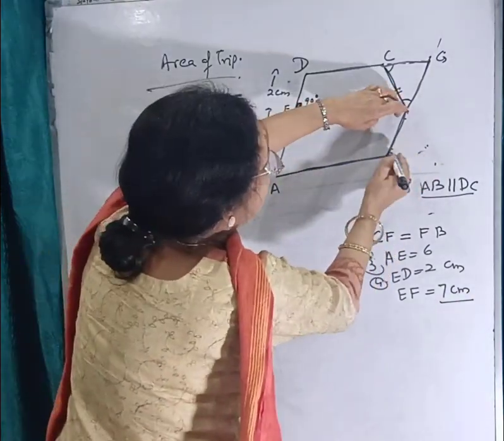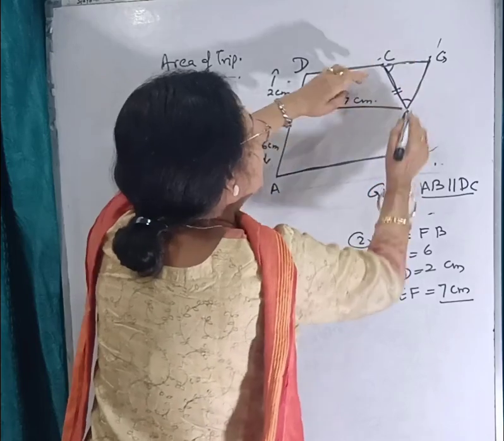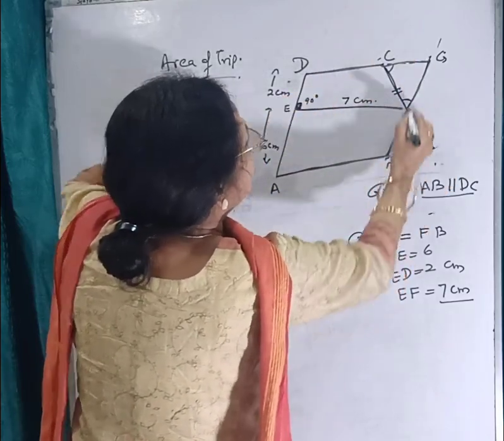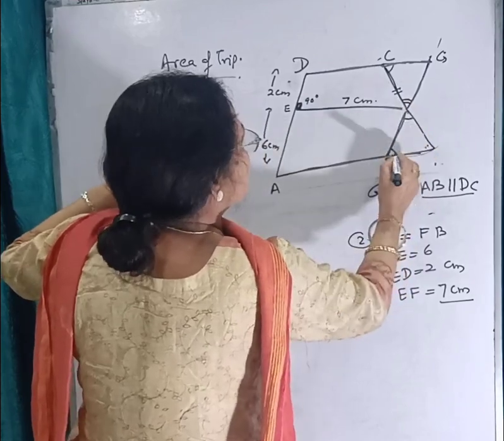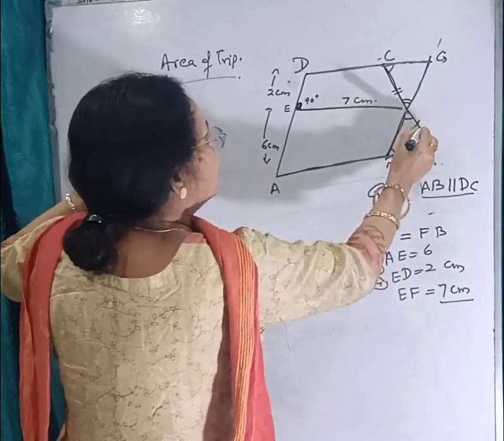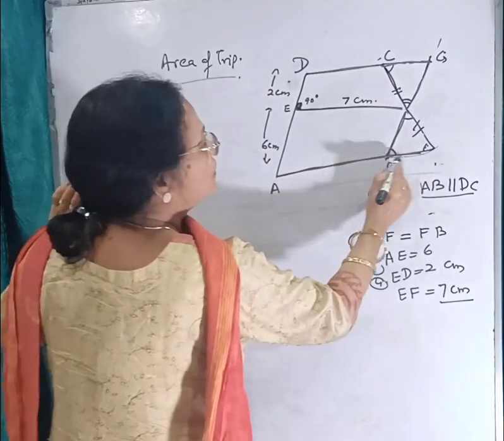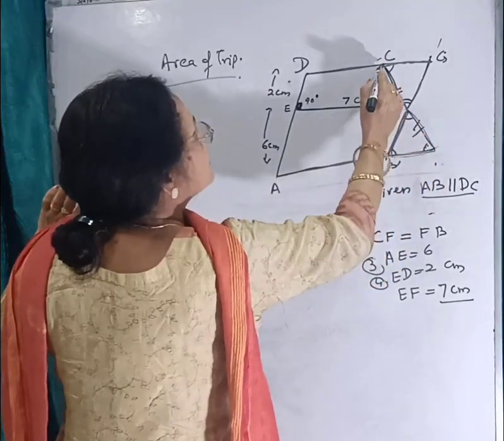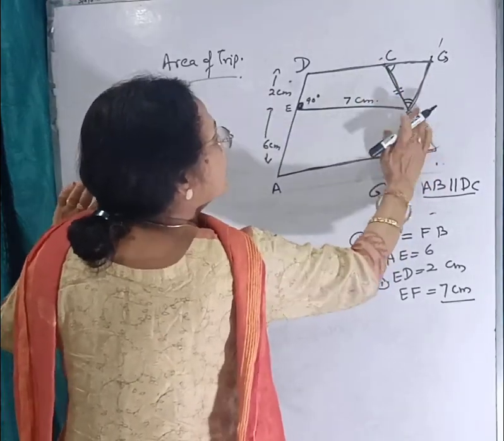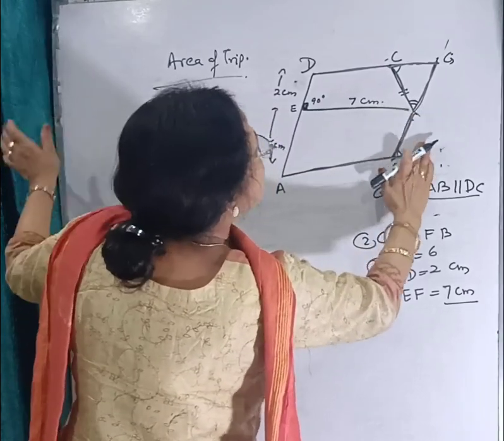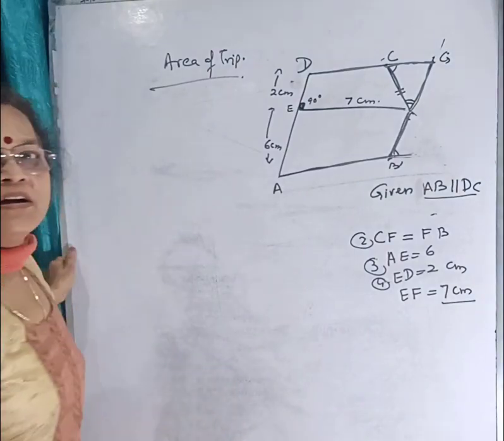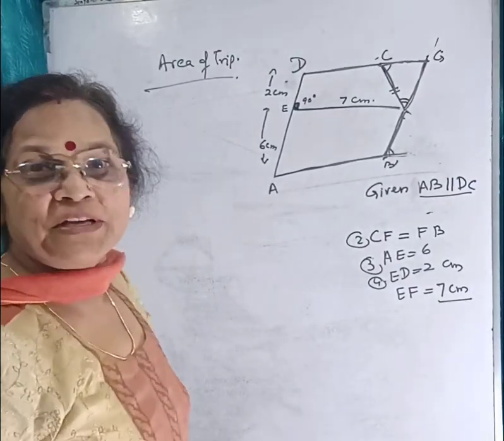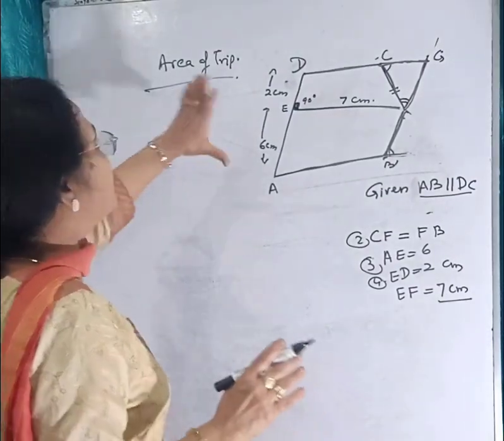Revolving it, this triangle will be just equal to this one: this distance will become this distance, this angle will become this angle. This is already given, that is why. So this total triangle is equal to this total triangle, and when this portion is cut and put here we will get a parallelogram, a square-type parallelogram.